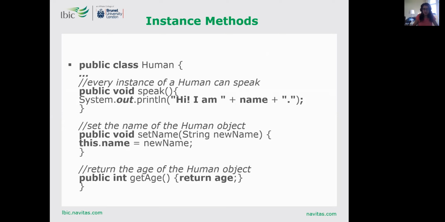So let's look at the first one, speak. Speak is gonna execute the print. It's gonna print hi, I am, and what is the name? The name is a variable that needs to be defined beforehand, but it doesn't matter, because one method in here does not depend on all the other variables.